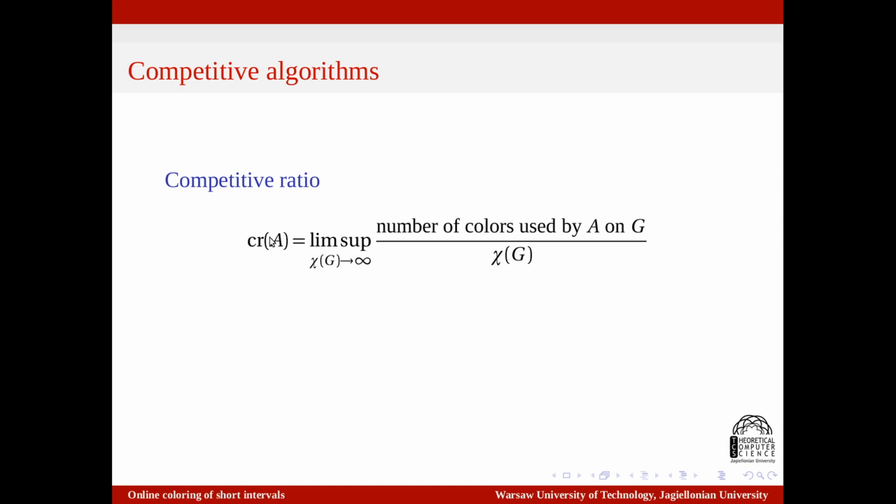The competitive ratio of an algorithm is the ratio of the number of colors used by the algorithm on a particular instance divided by the optimum, the chromatic number of the presented interval graph. And we are interested in this ratio over all possible inputs, and we are interested in the limit as the chromatic number grows to infinity.